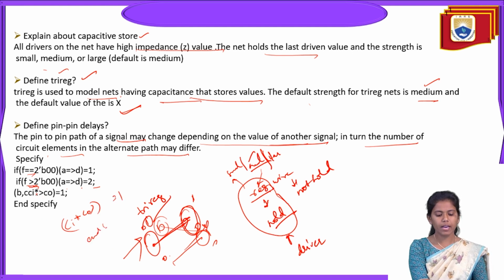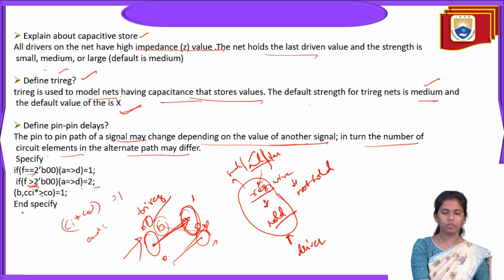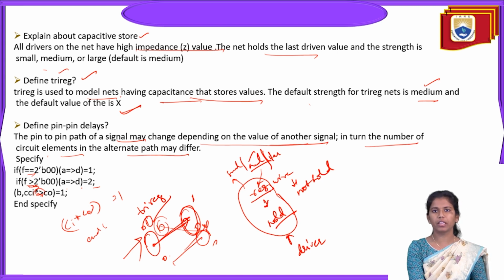Here we are multiplying in order to match the destined point. In order to match the destined point, we go with the multiplication as well as the greater than symbol. Here we see the concatenation of both signals. In most cases, the pin-to-pin delays observed will be very low. So these are the pin-to-pin delays.